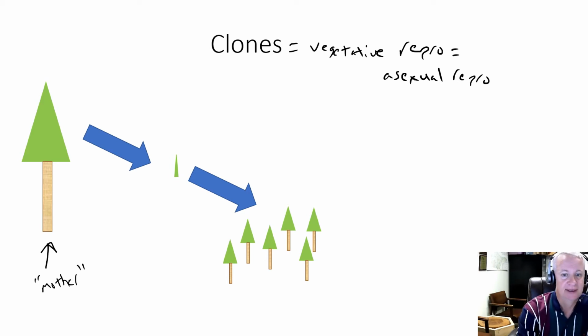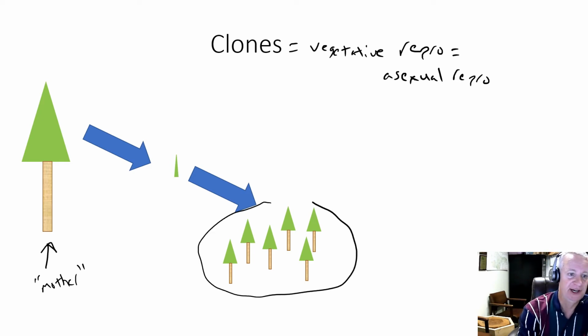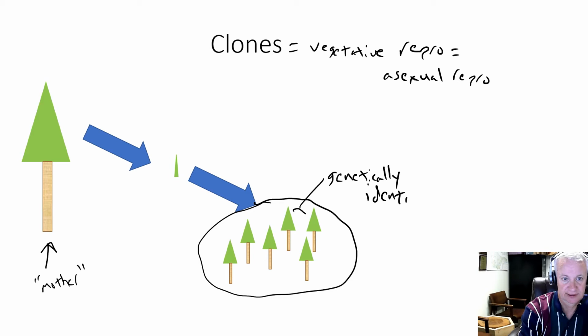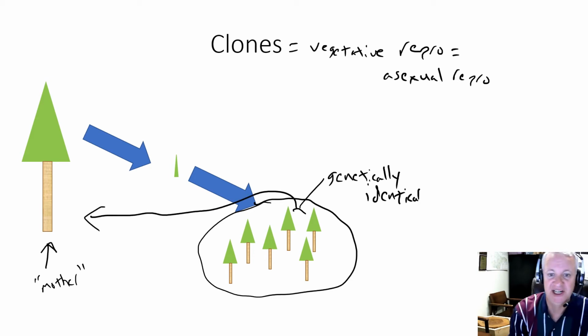And there are a number of different ways that this happens, and I'll talk in more detail about it. But essentially, offspring are produced that are all genetically identical to each other. They all have the same genotype as the mother tree.